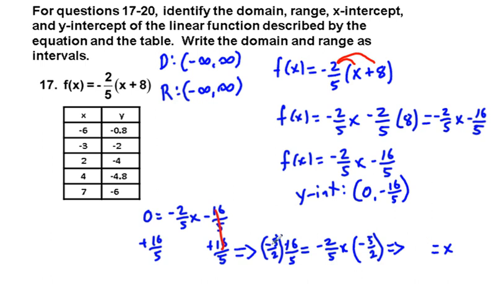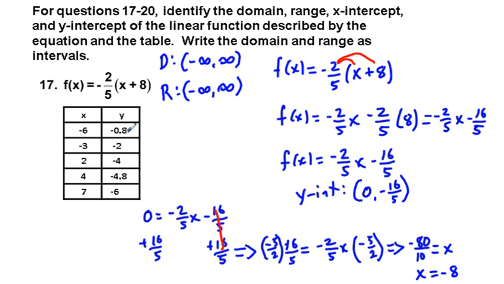It's going to be our x-intercept. And the left side, we have negative 5 times 16, which is going to be negative 80, over, we multiply these denominators together, 5 times 2, so 10. So we have x, negative 80 divided by 10 is going to be negative 8. So x equals negative 8.